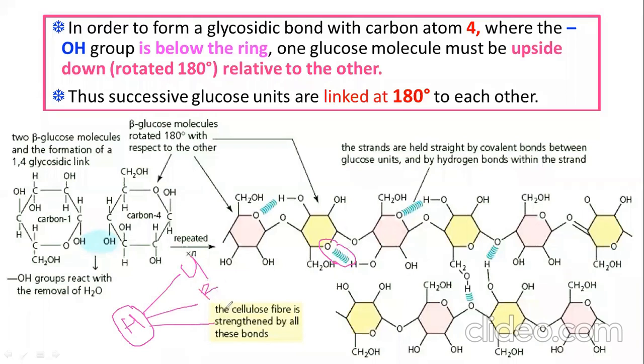Fluorine and oxygen. These are highly electronegative elements. So the bond that forms between hydrogen and these elements is called what? Hydrogen bond.